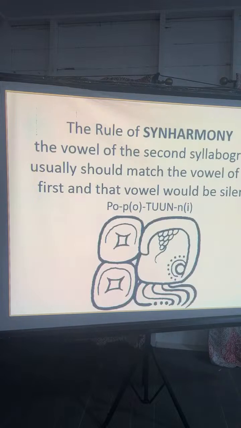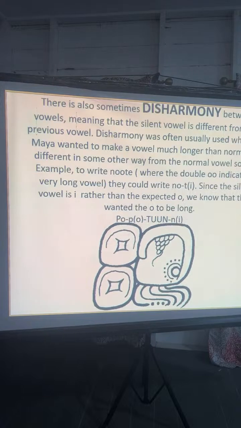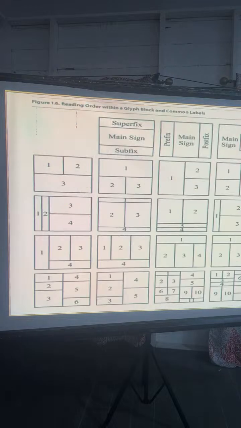So same vowel, same sound; different vowel, different sound. Right? So like what we see here, po and po, same vowel, same sound. Tune, different vowel, different sound. So that's the basic rule we're going to have.